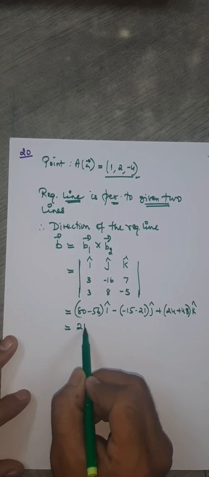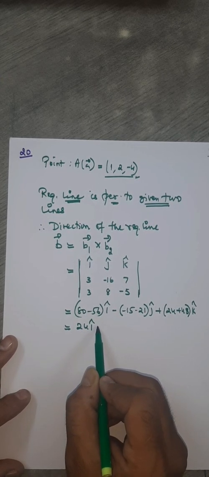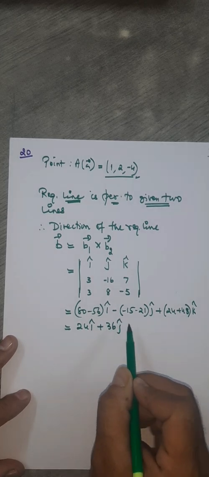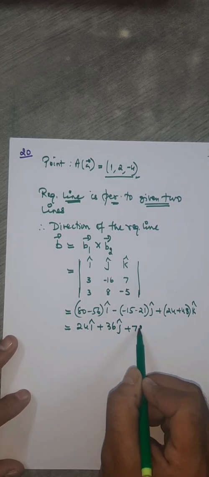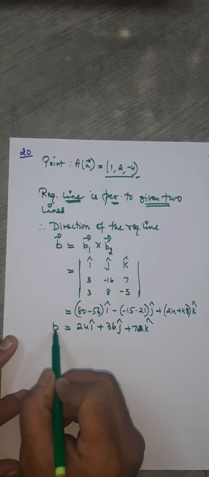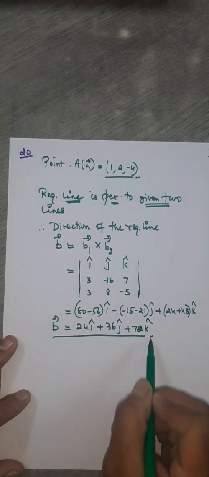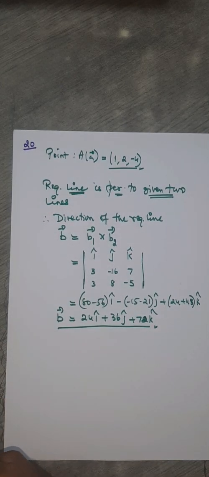So you will get 24 i cap plus 36 j cap plus 72 k cap. This is the direction of the line, and therefore finally what will we get?